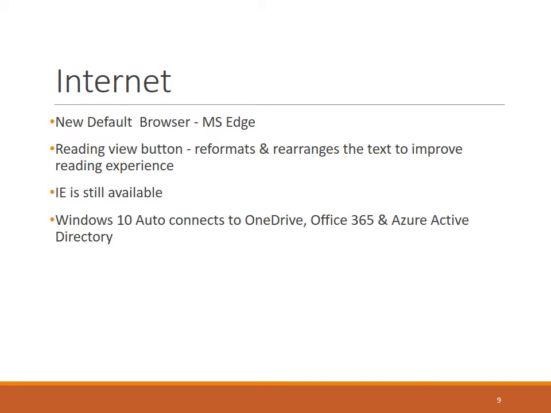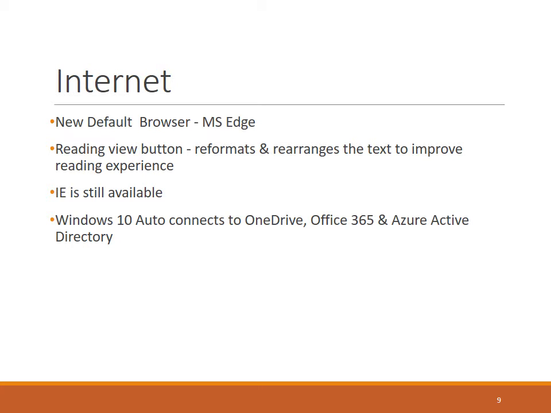One of the new things about Windows 10 is the inclusion of Microsoft's new web browser, Microsoft Edge. Edge is a very minimalist, quick, user-friendly web browser. It's a lot more Spartan, similar to the Task Manager we looked at earlier, in that there's not a whole lot of options presented to the user by default.